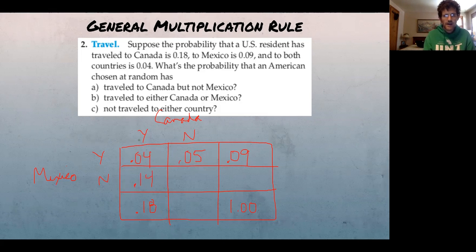I also know this marginal total has to add up to 100%, and this marginal total has to add up to 100%. So that's going to be 0.82, and this is going to be 0.91.